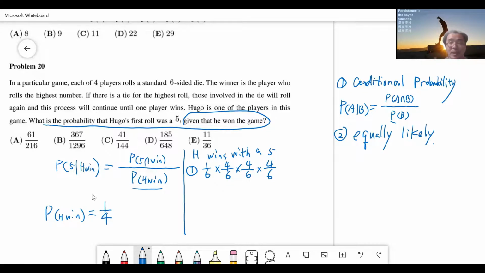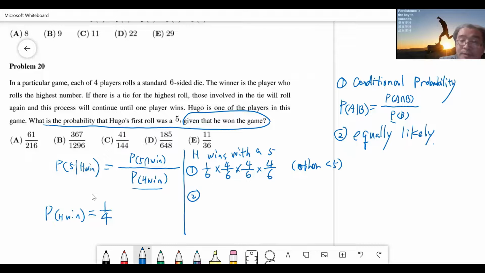This is the probability that he rolls 5 and the other players all roll less than 5. This is case 1.